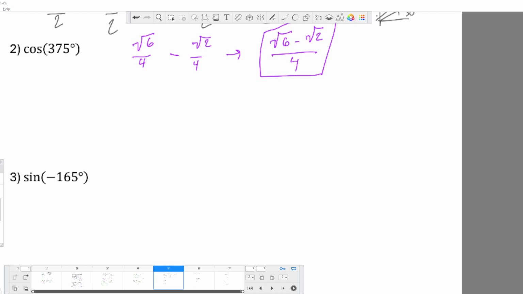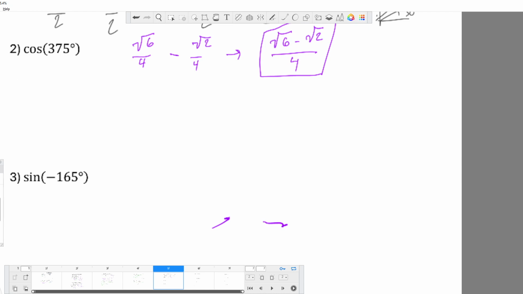I don't know. So my initial thought on that is to turn it into a coterminal angle. So I would be thinking about this question instead of 375.